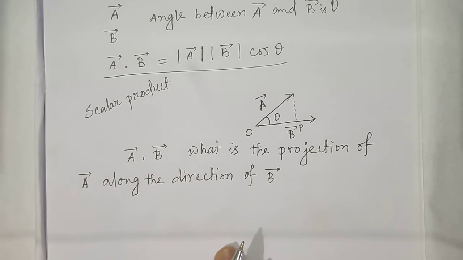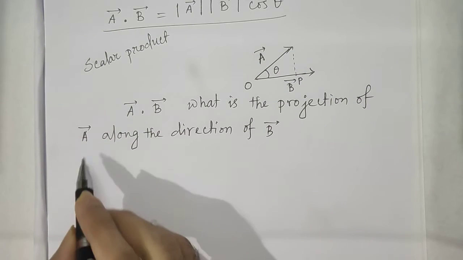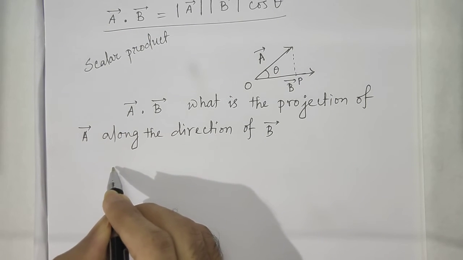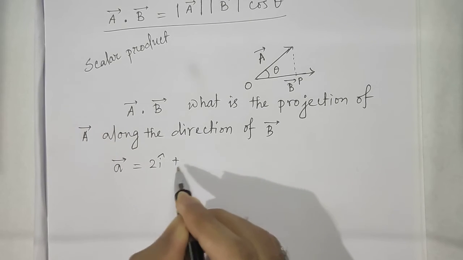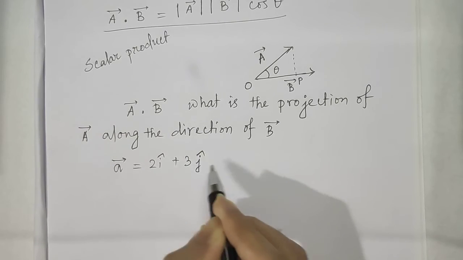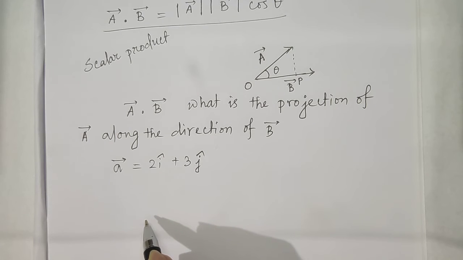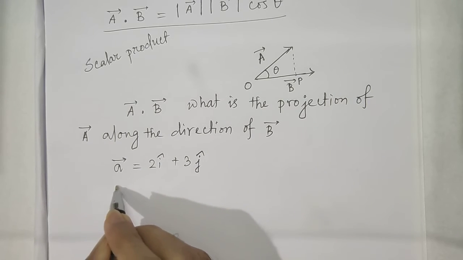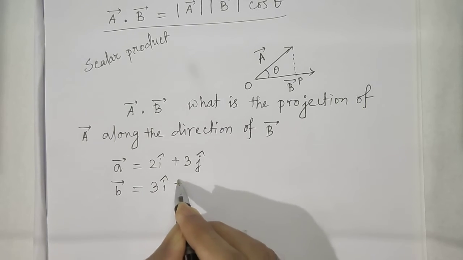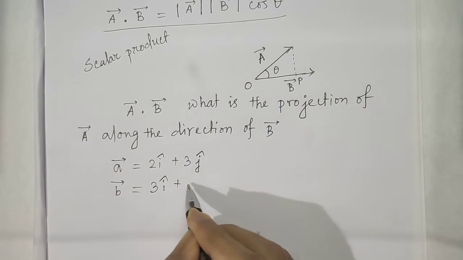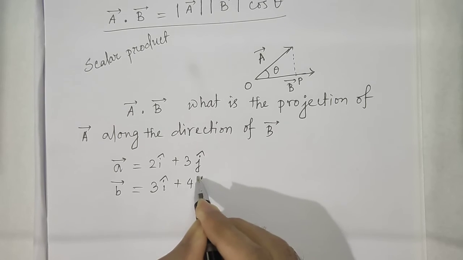Now let's do some examples. Suppose we have small a vector equals 2i cap plus 3j cap. At first, let's start from two dimensions, and small b vector equals 3i cap plus 4j cap.